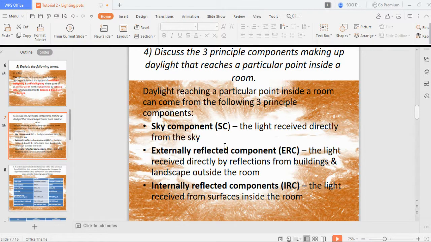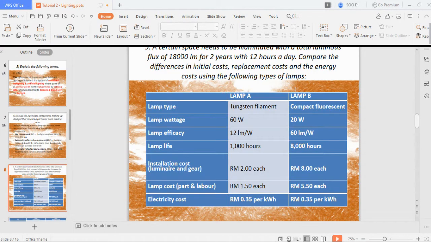So there are a lot of components that make up the daylight reaching a point in a room. Up to question 4 is all theory, which you can find in your lecture slides.